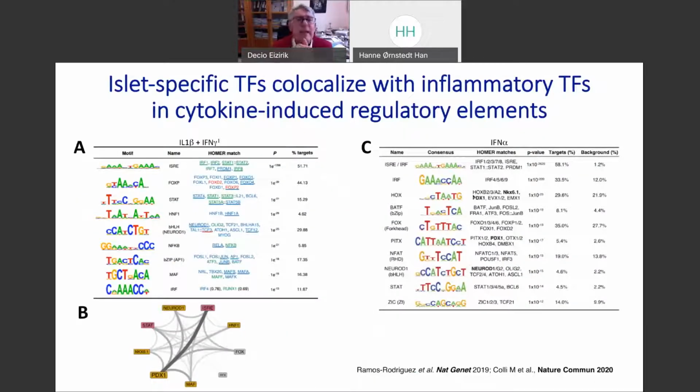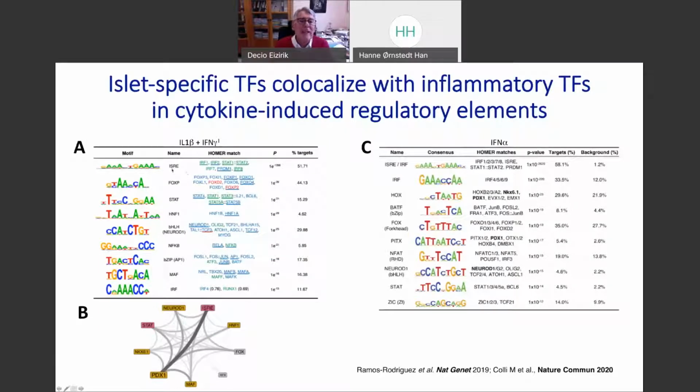So we went a little bit further. In a previous study that we published last year, together with Lorenzo Pasquale, we looked not only at ATAC-seq, proteomics and RNA sequencing, but also at ChIP-seq, which is a way to look at areas of the chromatin where a transcription factor is indeed binding to the DNA.